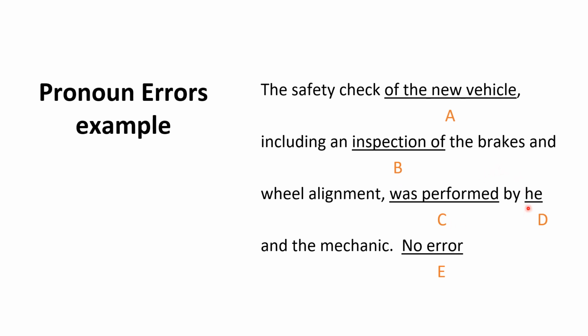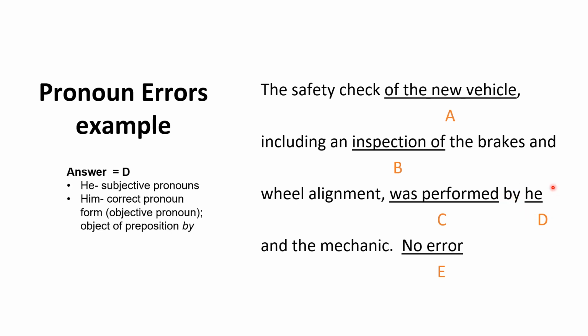How about letter D? He. Is it correct to use the pronoun he here? Okay. So the answer here is letter D. Why? The pronoun he is a subjective pronoun. When we say subjective pronoun, the other term for subjective is nominative. Nominative pronoun.